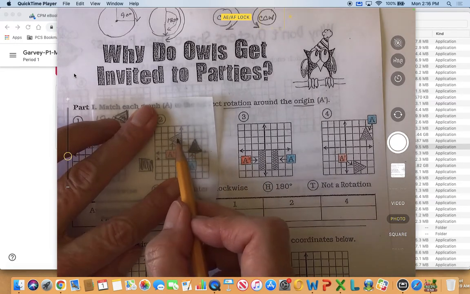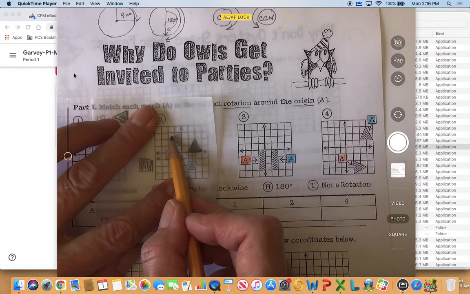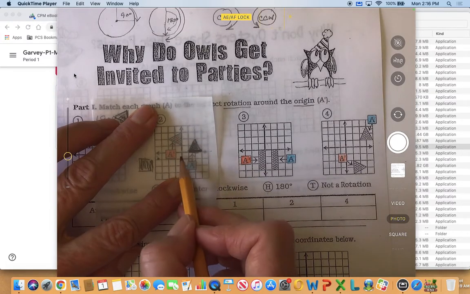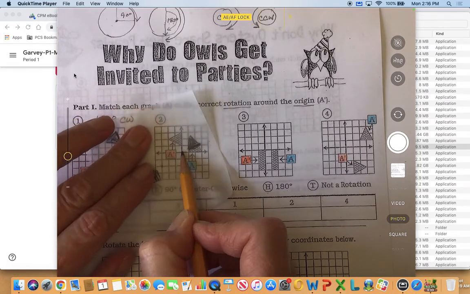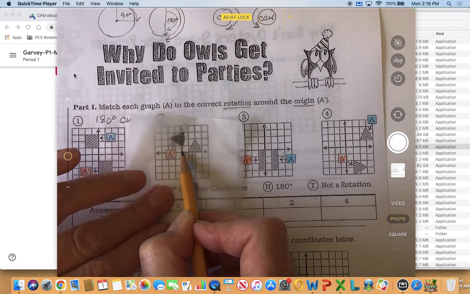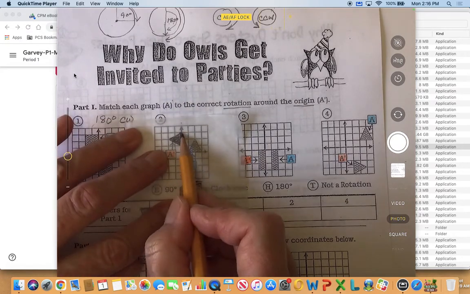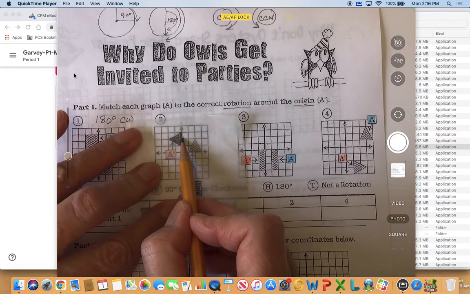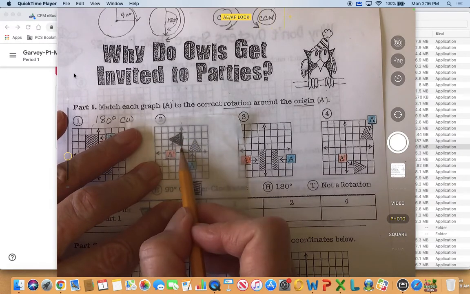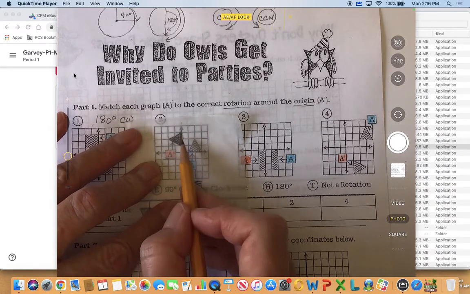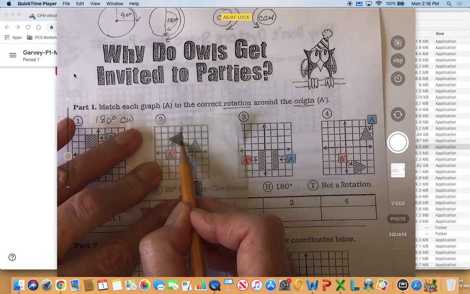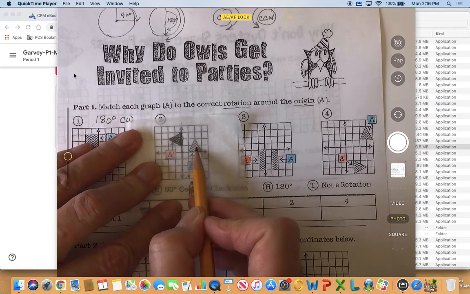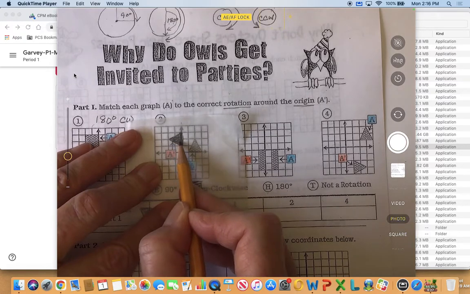It looks like I'm going to have to go in this direction, which is counterclockwise. So I'm putting my pencil on the origin, and I'm going to start rotating counterclockwise. And once I've gotten this far, this line is going straight up and down now instead of going straight across. So I know I've gone 90 degrees because they're at right angles to each other. And it looks like it's landed in the right place. So I went 90 degrees and it was counterclockwise.